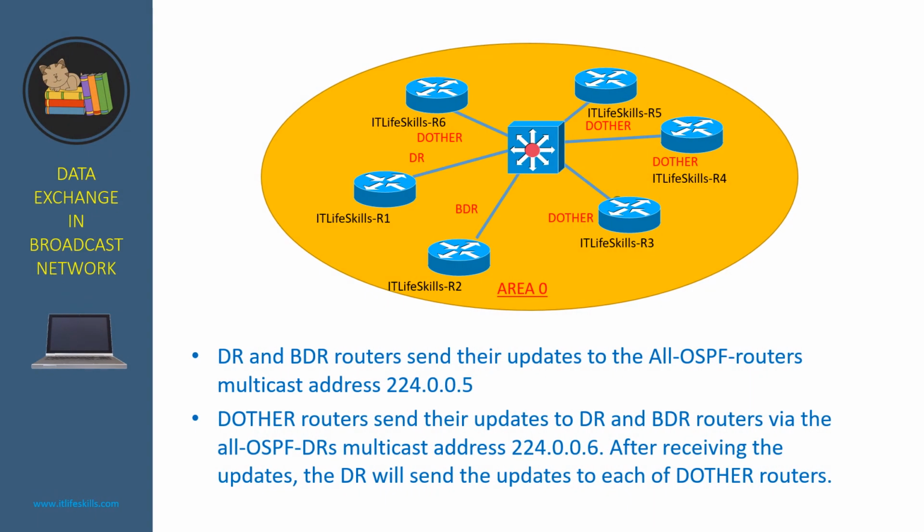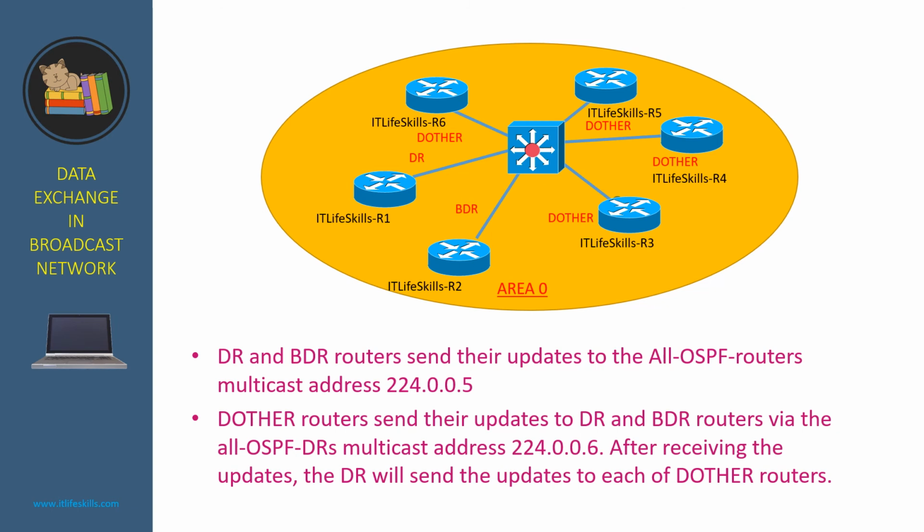After the neighborship has formed among the routers, if the DR or the BDR has an update, it will send the update to the all OSPF routers multicast address 224.0.0.5, and if another router has an update, it will send the update to both DR and BDR routers via the all OSPF DRs multicast address 224.0.0.6.